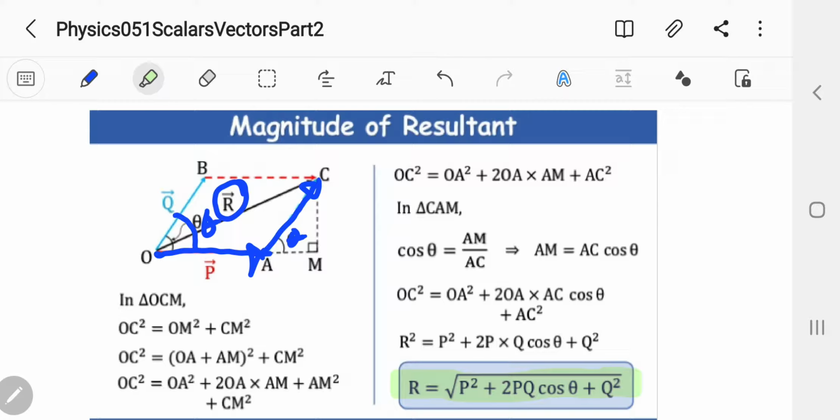So r is the resultant, p is one of the vectors, and q is the other vector. This is the middle term of the expression.